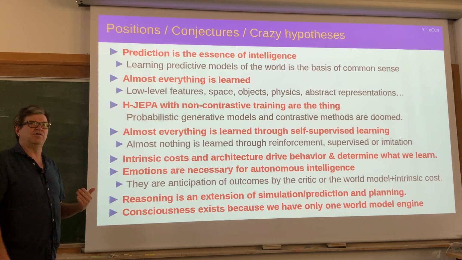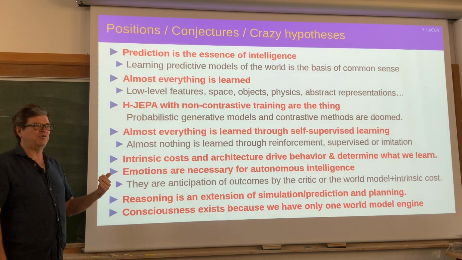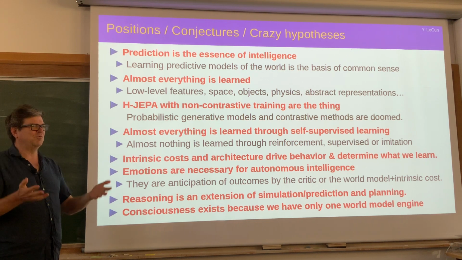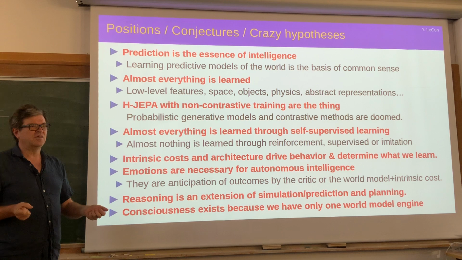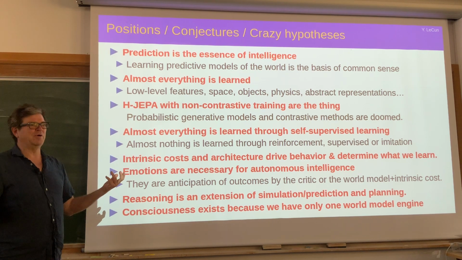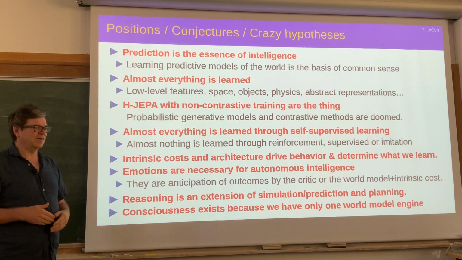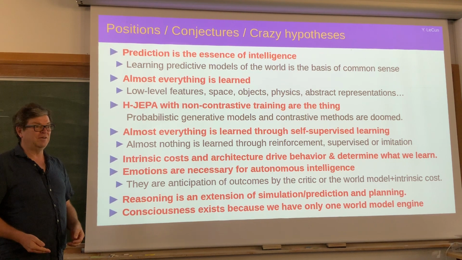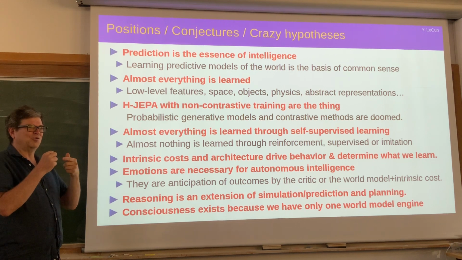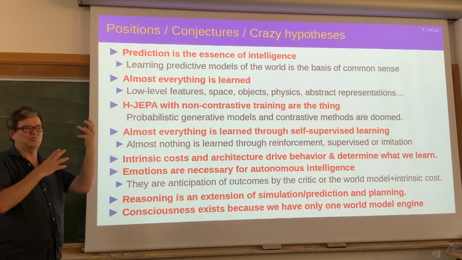Now, one big question is, do you need explicit symbol manipulation for things like variable binding? If you have a mathematical statement that says x is divisible by 2 and x is divisible by 3, you have to infer the value of this variable from two statements that are abstract.